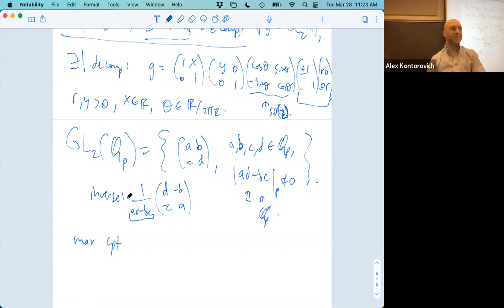So what's our maximal compact group? We can call it K_p if we want. It's GL2(Z_p). Z_p is compact in Q_p. This is the right analog, not some orthogonal group. It's still GL, just replacing the field Q_p with its maximal compact Z_p.